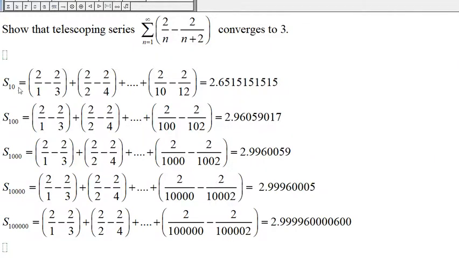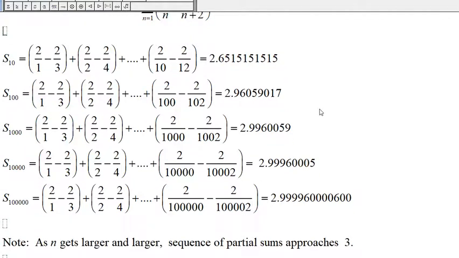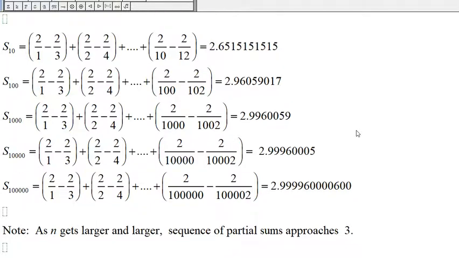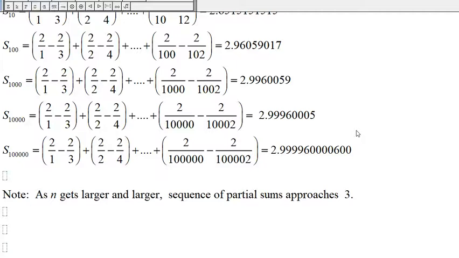And so as n gets larger and larger, the sequence of partial sums, this sequence right here, is approaching 3. And now let's do the analysis and show that we do get 3 for the sum.